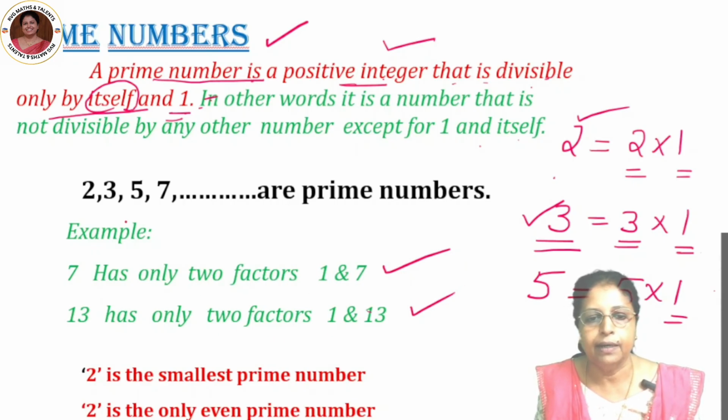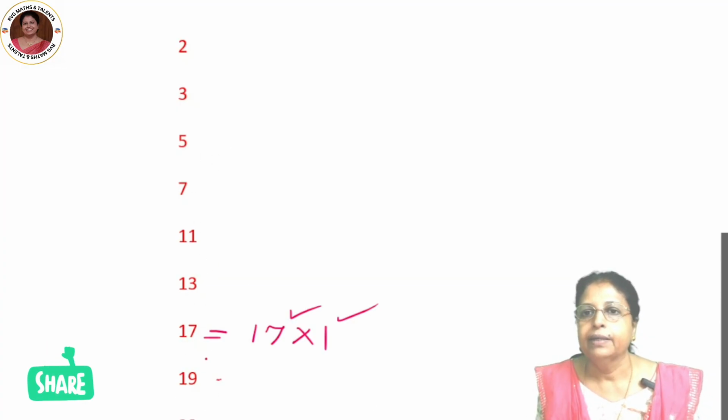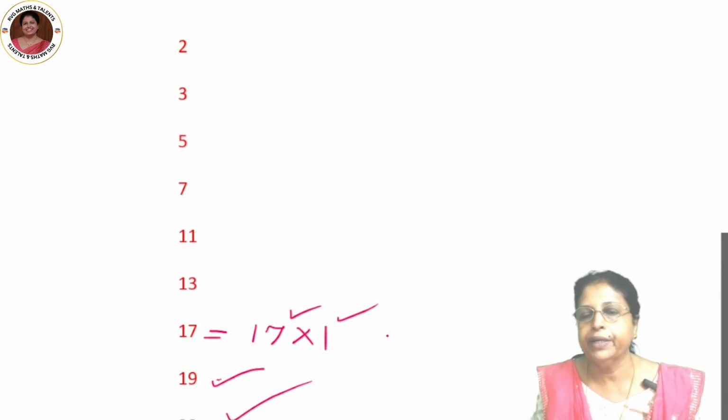Then you can see here 2 is the smallest prime number, and 2 is the only even prime number. See, these are all examples of prime numbers: 2, 3, 5, 7, 11, 13, 17, 19, 23, etc. In the case of 19, we can see 19 and 1 are the only factors. In the same way, 23 also can be written as 23 times 1, and then 23 is a prime number.